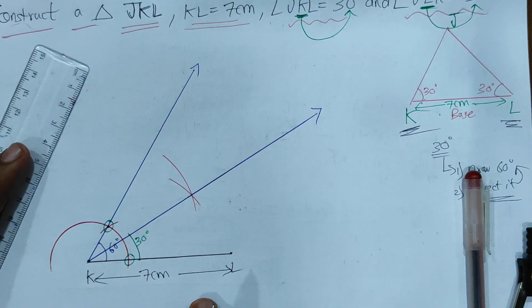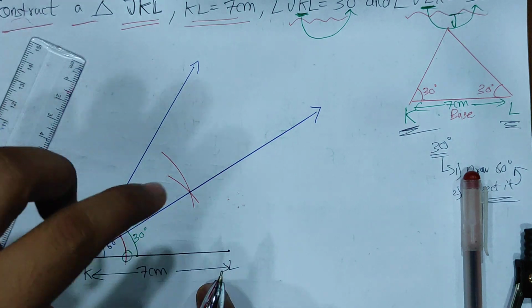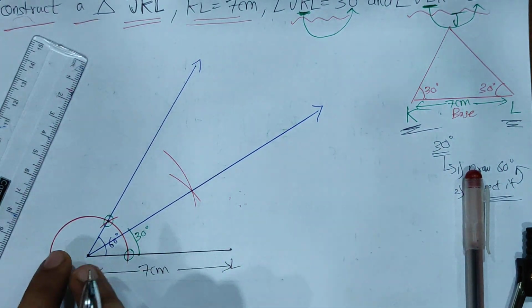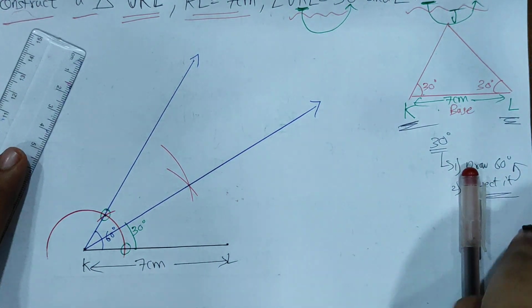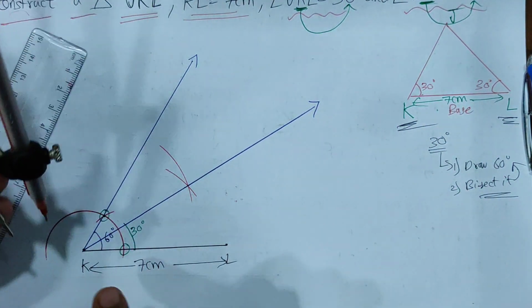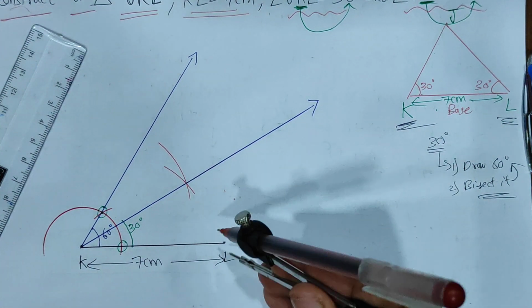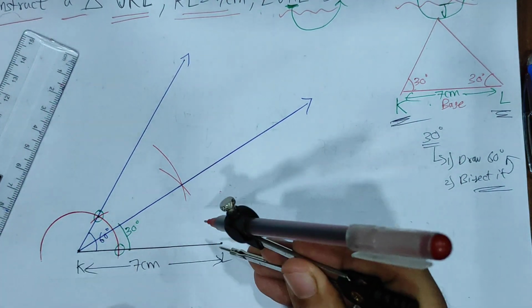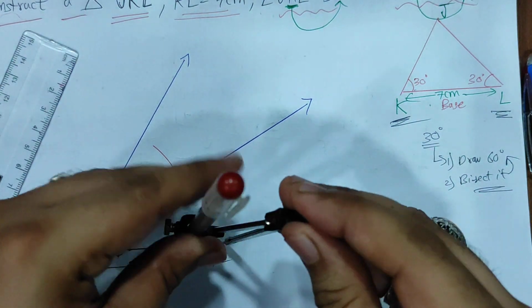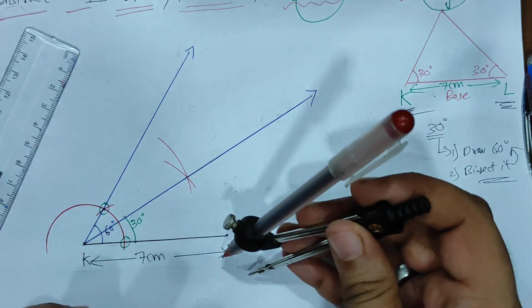Yes, same thing I have to follow here. According to me, pause the video, complete this and do this by your own. Exactly, what was done here has to be done here. Okay, hope you are doing with me. Okay, take any random measurement, it should not be the same. It's not compulsory that it should be the same. Any random measurement. Okay, now keeping it at point L, slightly keep it big, minimum I think so more than 1.5 it should be, so it's better for you.